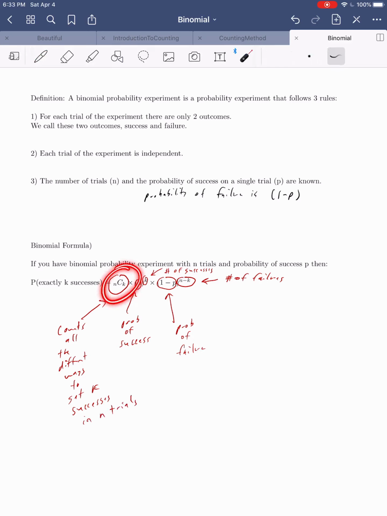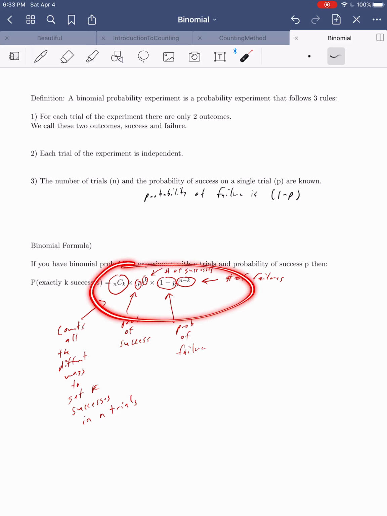If you think way back to when we first started talking about multiplication and multiple events, we did an example with a basketball player shooting free throws, and we were making little diagrams where we had to go check, check, X, and check, X, check, and all that stuff. Well, this nCk actually counts that for us. So this really ties into why we took the time to learn that counting stuff.